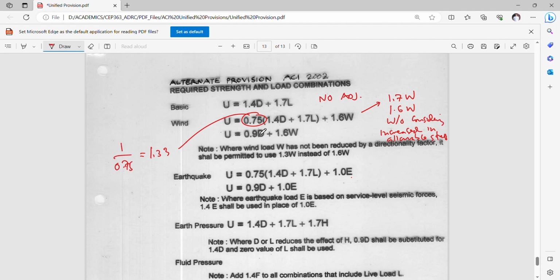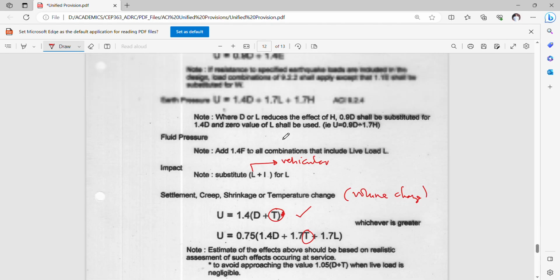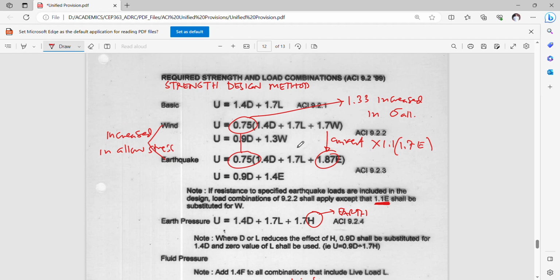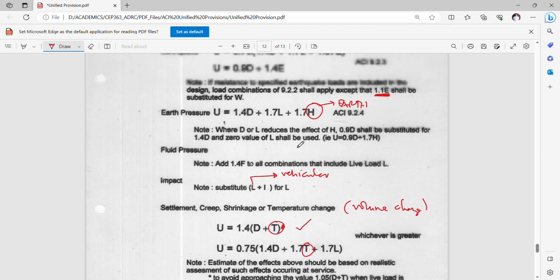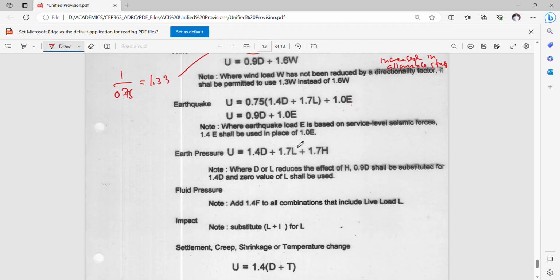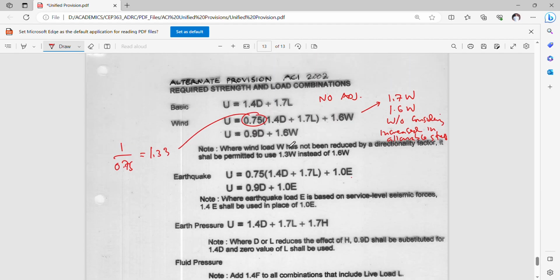Okay, so this is not included. Consider the increase. And of course here, instead of having a 0.9D plus 1.3W, this becomes 0.9D plus 1.6W.